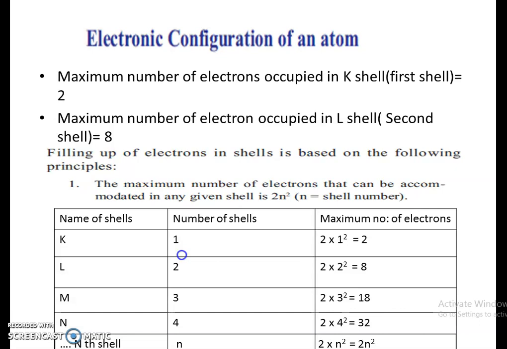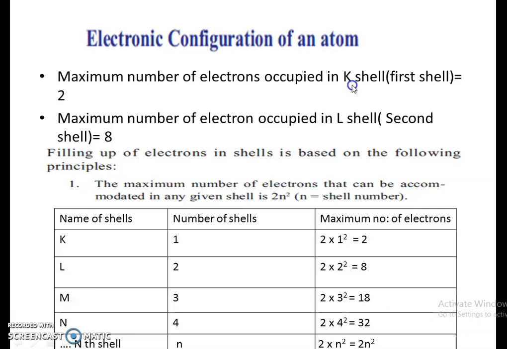For example, the first shell, that is the K shell, can occupy only two electrons. The second shell, the L shell, can occupy 8 electrons.